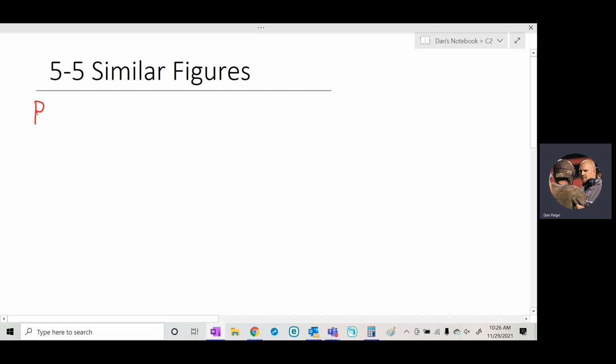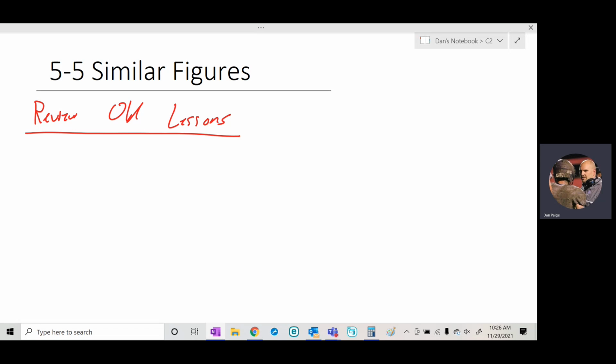We're going to start by reviewing old lessons. What we do today is just like those, but with fun, pretty pictures instead. The first one was from 5-3, and it asked the question, are they proportional?